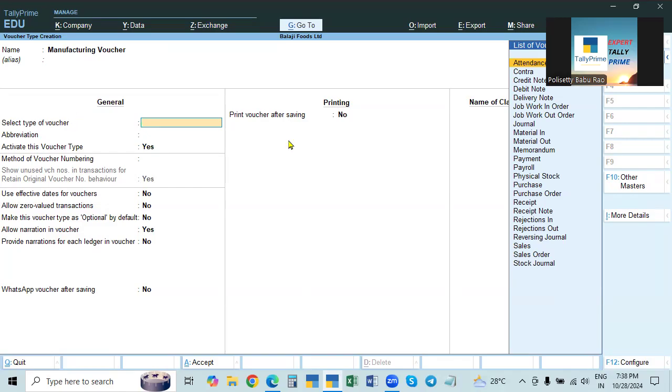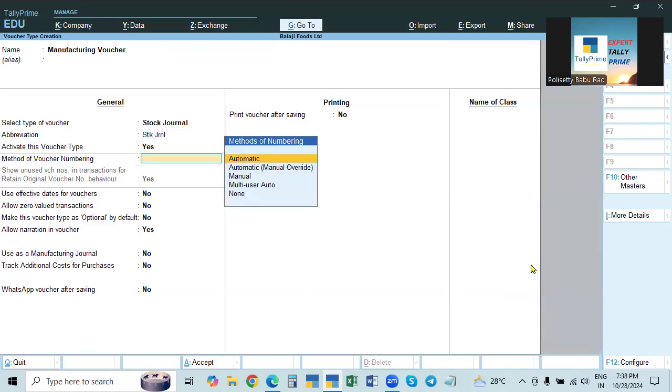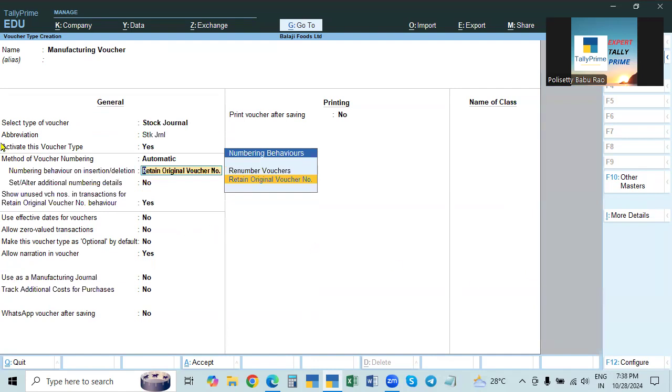This manufacturing voucher also comes under stock journal. So select the stock journal and come down. Activate, yes. Stock journal is only for transfer, but this manufacturing journal is used for manufacturing goods. That is why we use this voucher as a manufacturing journal. Make it yes.